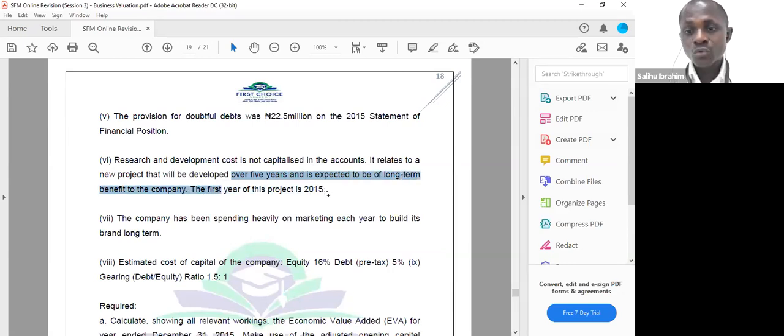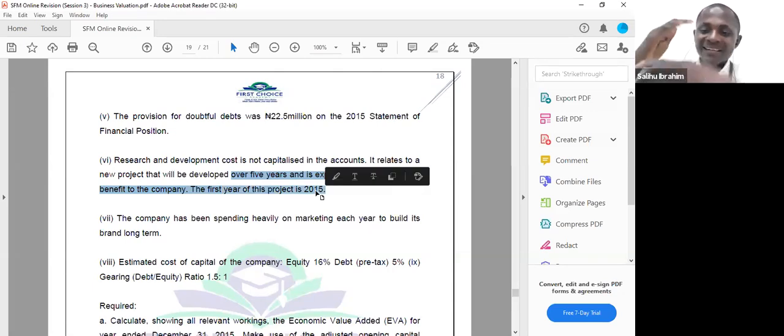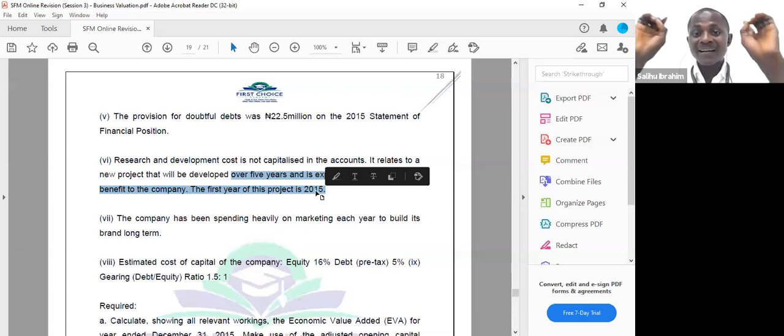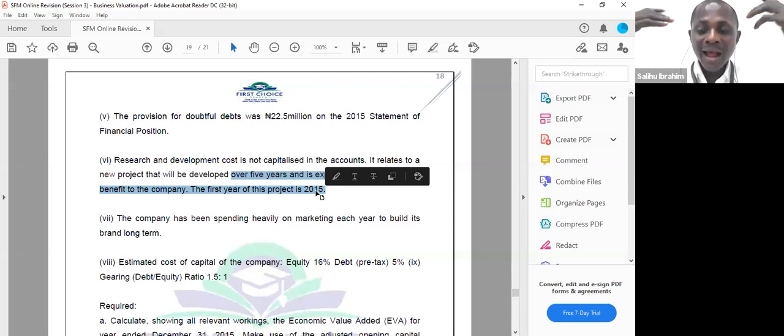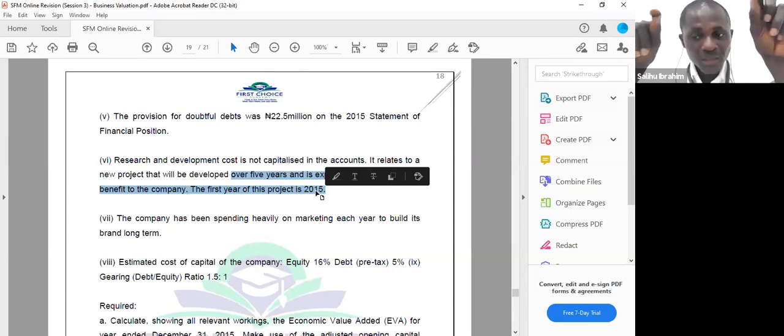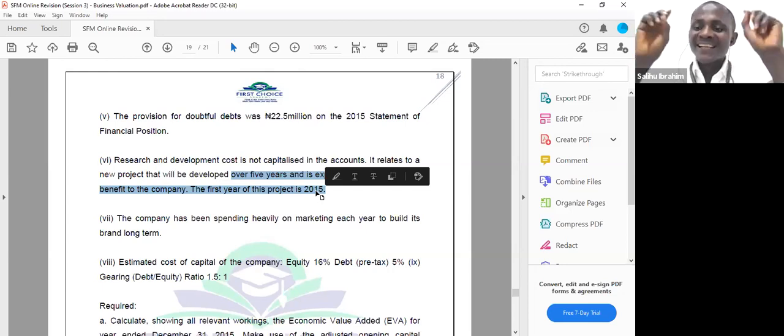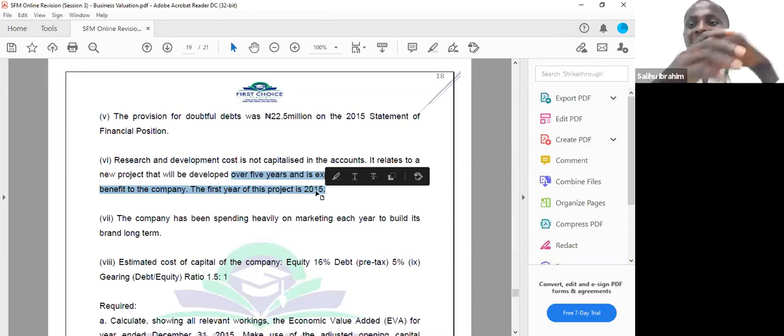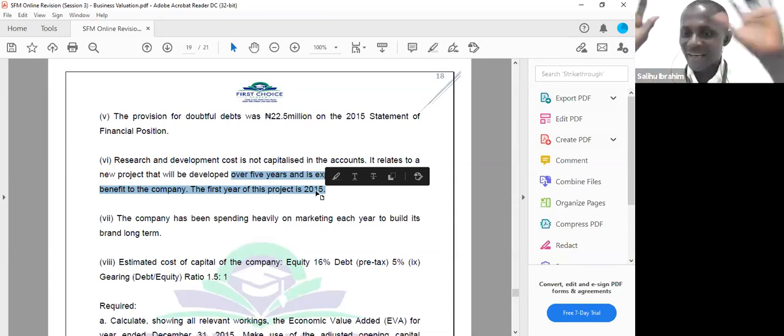The first year of the project is 2015. Because the question has told me this cost will be for 5 years, I would have divided that 60 by 5 and got my 12. I would have deducted it from profit. But because of that statement in note 2, that economic depreciation includes any appropriate amortization adjustment, I won't deduct any amortization again.